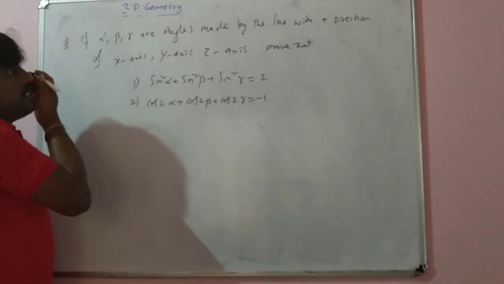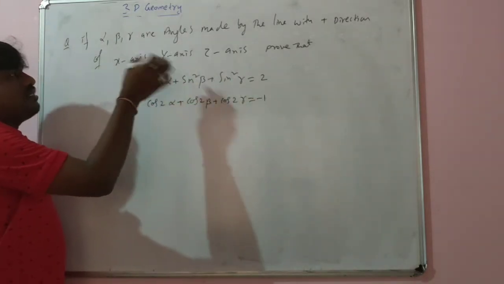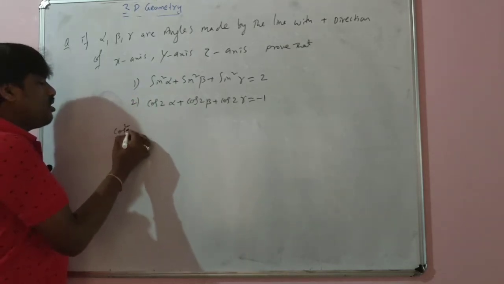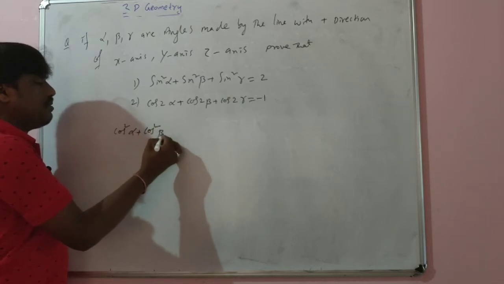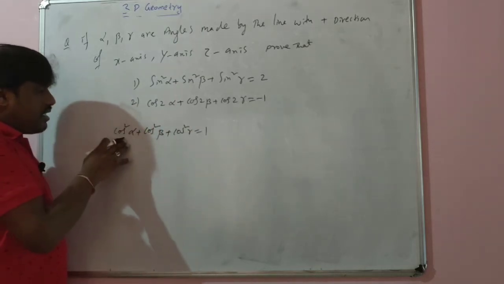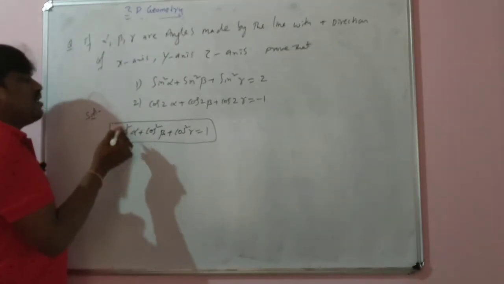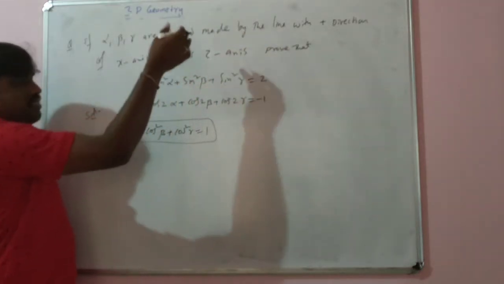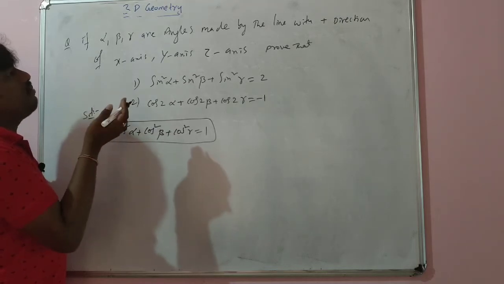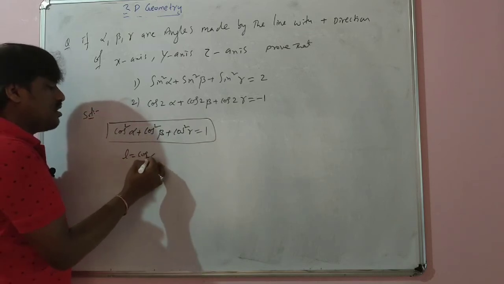Okay. So alpha, beta, gamma are the angles made by the line with the positive directions. What do you know? Alpha, beta, gamma are the angles made by the positive direction of x-axis, y-axis, z-axis, which means they are direction cosines. So I can write cos square alpha plus cos square beta plus cos square gamma is equal to 1. This we know already, right? When you are writing in boards, you have to write like this: the angle alpha made by the positive direction of x-axis, that is L is equal to cos alpha.